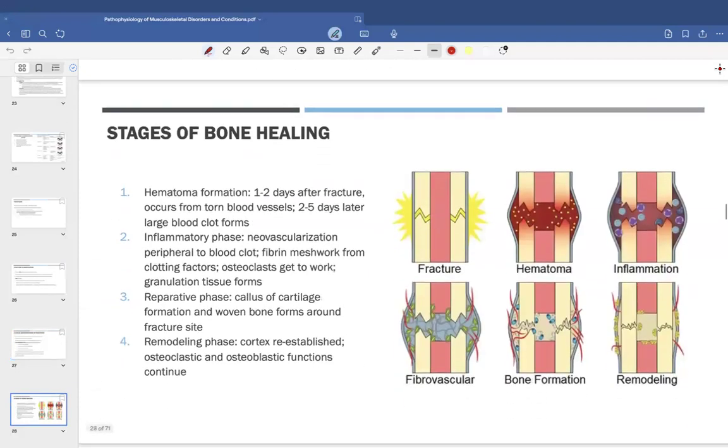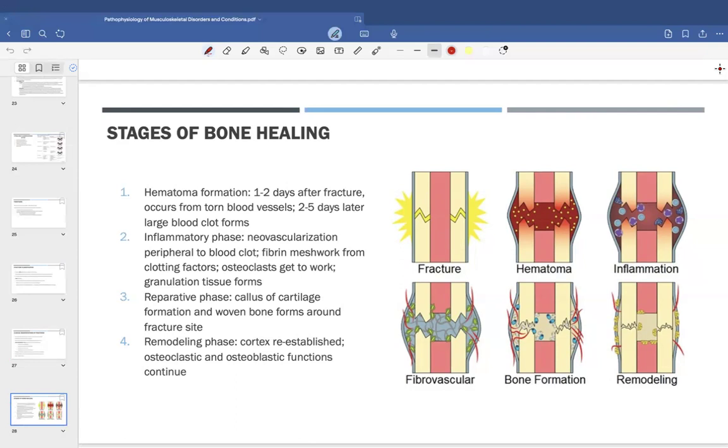Okay, and so there are stages of bone healing. I do want you to focus on this. I think it's important, and I think it's important patient information. This is sort of some of the pathophys: after that bleeding occurs at the site of the injury, it's going to form a hematoma.